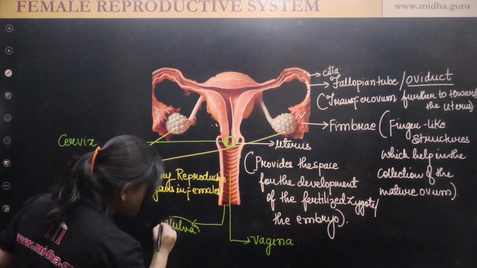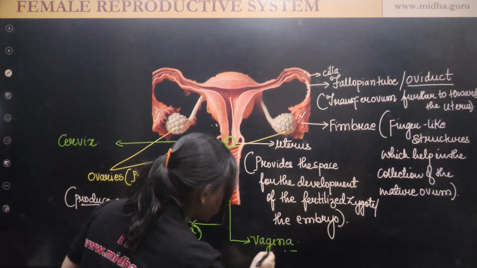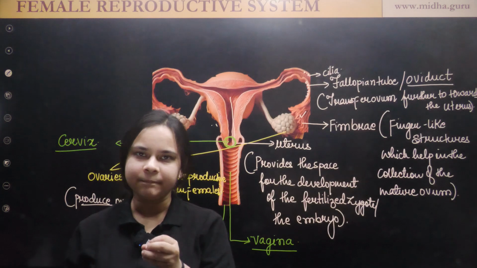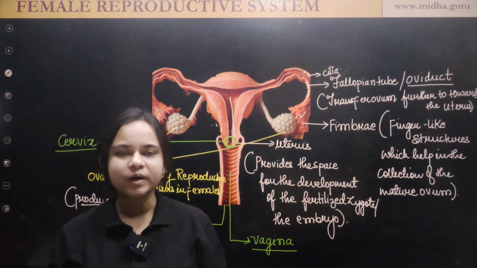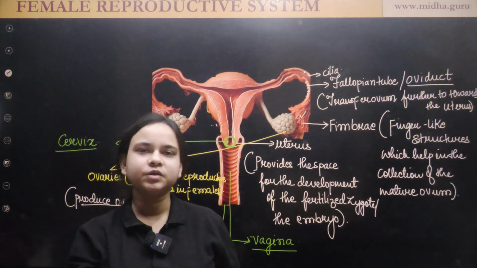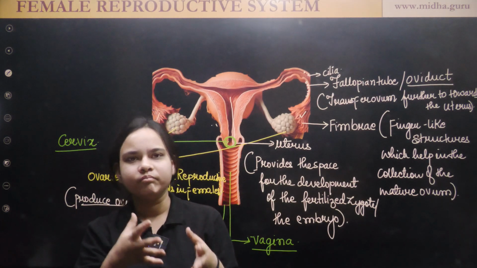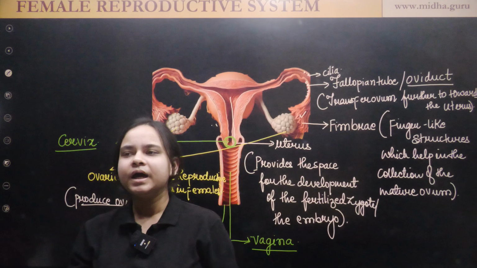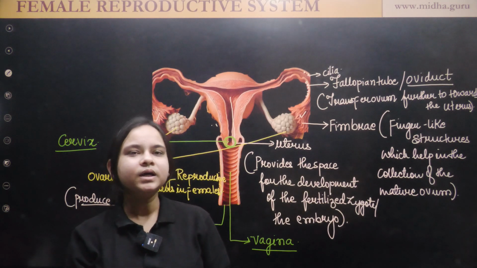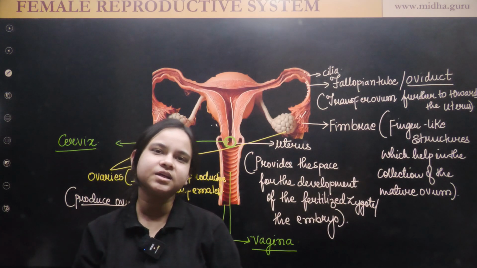One thing I would like to mention here is that the vagina and cervix together make up the birth canal. During parturition, when the delivery of the matured baby is done, it can happen in two ways: either a normal delivery or a C-section delivery, that is cesarean section delivery.